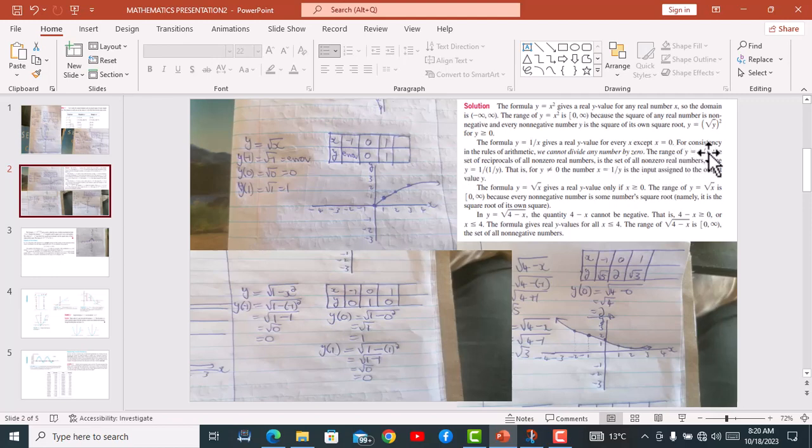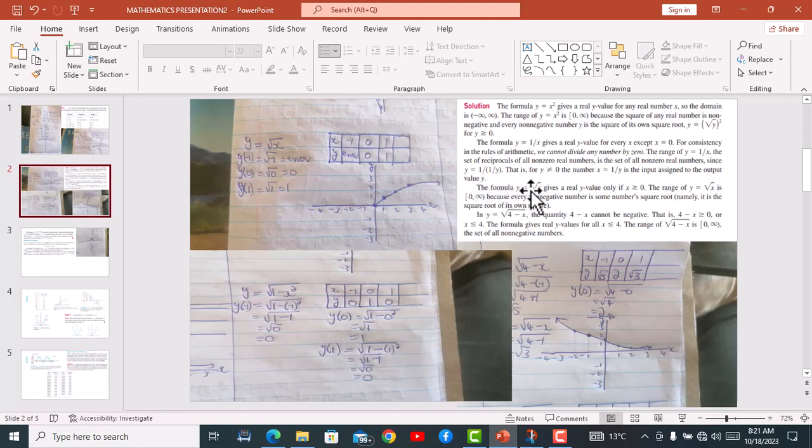The range of y equals 1/x. The set of reciprocals of all non-zero real numbers is the set of all non-zero real numbers, since y equals 1/x, that is for y not equal to 0. The number x equals 1/y is the input assigned to the output value of y. Very correct.